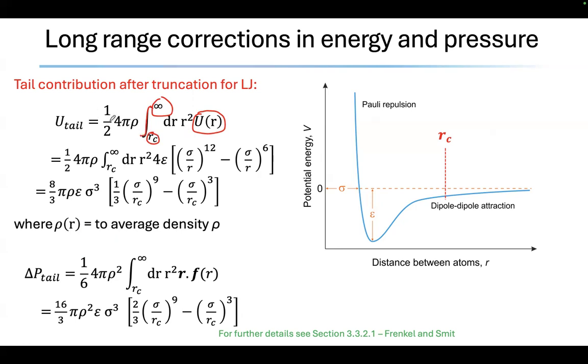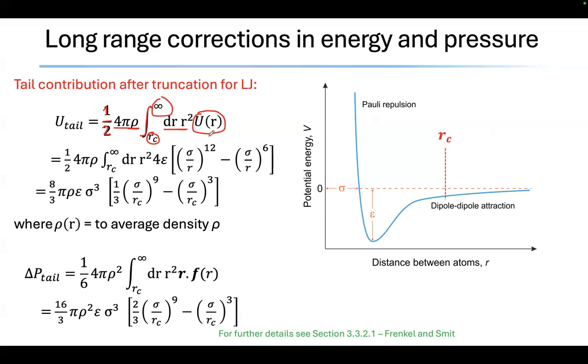Then you pick a spherical shell of volume 4 pi r square dr, and you choose all the molecules within that. You do that by multiplying with the number density rho. And then you also have a half to account for the double counting.